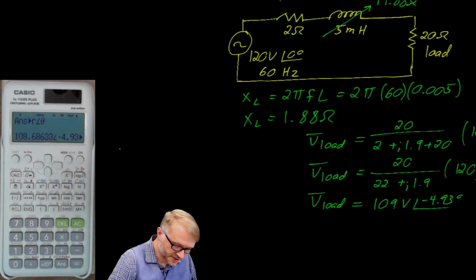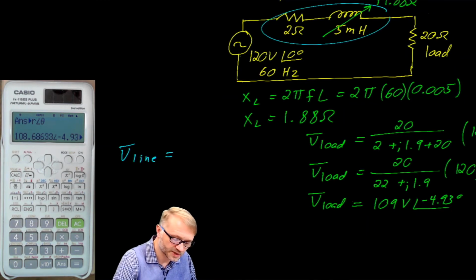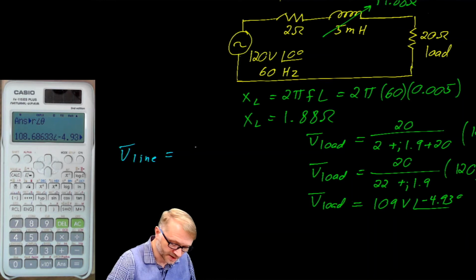The line voltage is calculated as the impedance of interest, which is these two together. So that's 2 plus 1.9j over 22 plus j1.9, multiplied by the source.